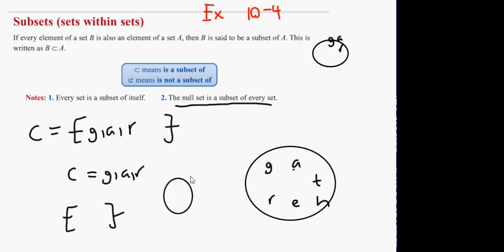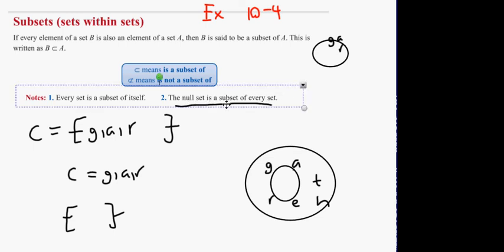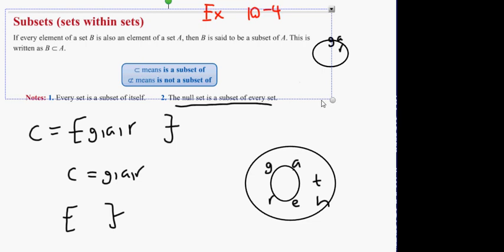And the null set will fit into anything. It fits in there, doesn't it? Because it has nothing there. It will fit into any other set because there doesn't need to be anything in it. That's what it means: the null set is a subset of every other set. Now, see this elongated C? That means it is a subset, and the elongated C with the slash through it means not a subset.